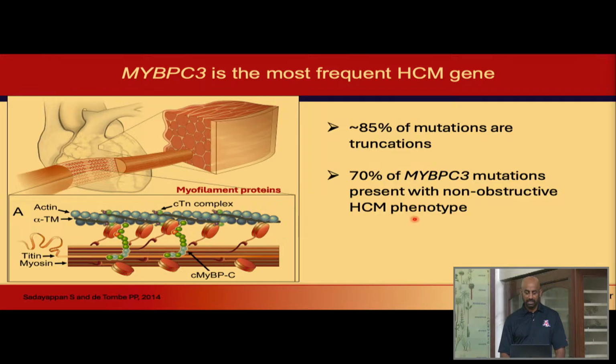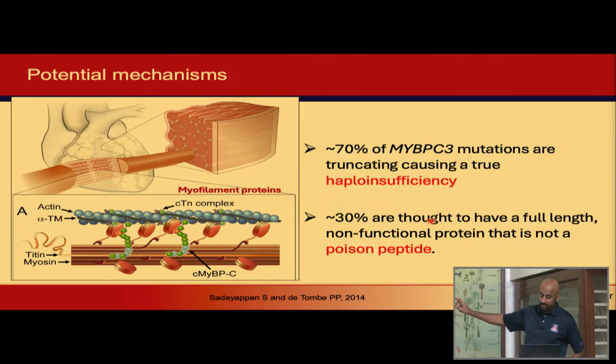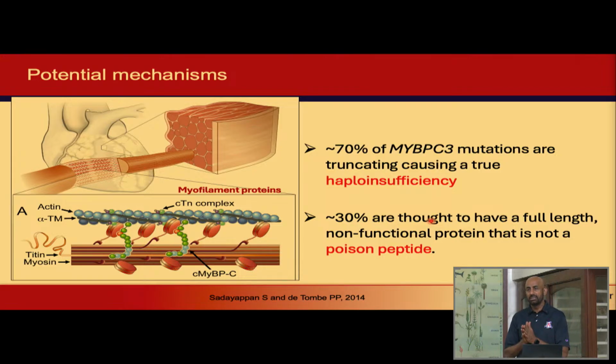And then 70% of the mutations are linked with the non-obstructive hypertrophic cardiomyopathy phenotype. Again, there are two major potential mechanisms. One is haploinsufficiency, and the second one is poison polypeptide. Haploinsufficiency is nothing but you have two alleles.